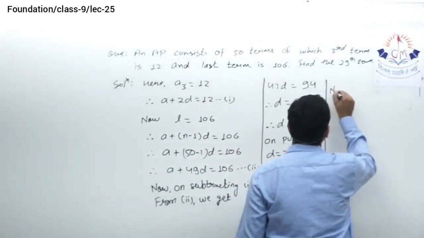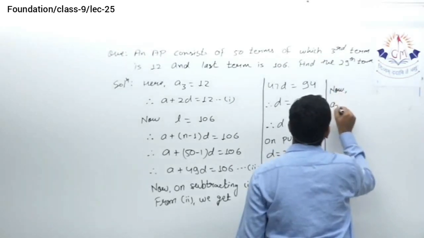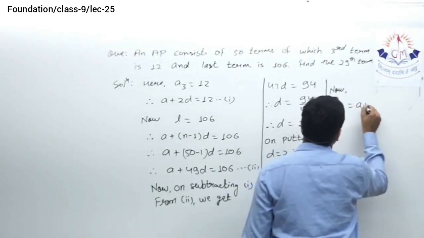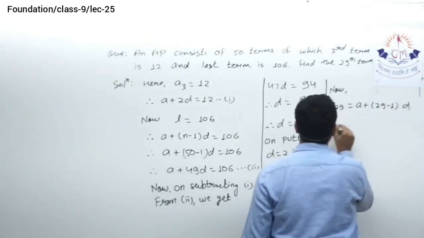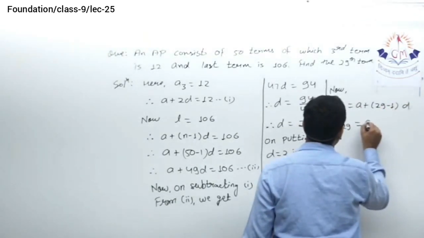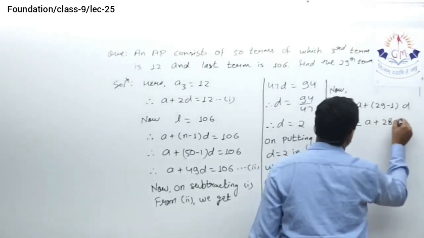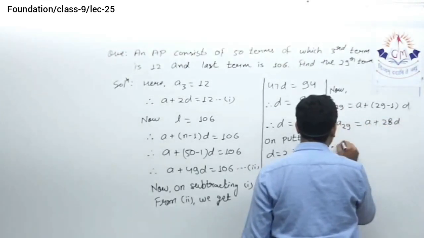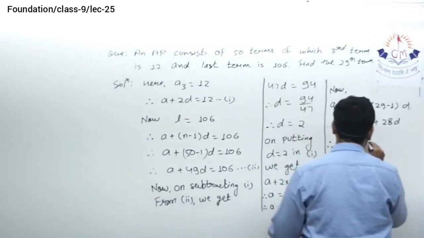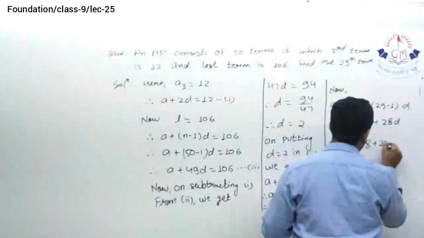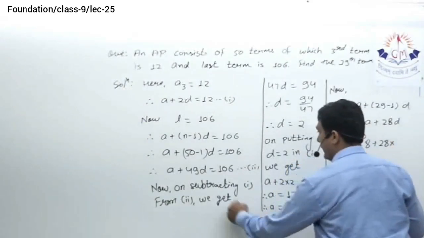So now A29 is equal to A plus 29 minus 1 into D. Therefore A29 is equal to A plus 28D. Therefore A29 is equal to, now what is A? That is 8 plus 28D. What is D?